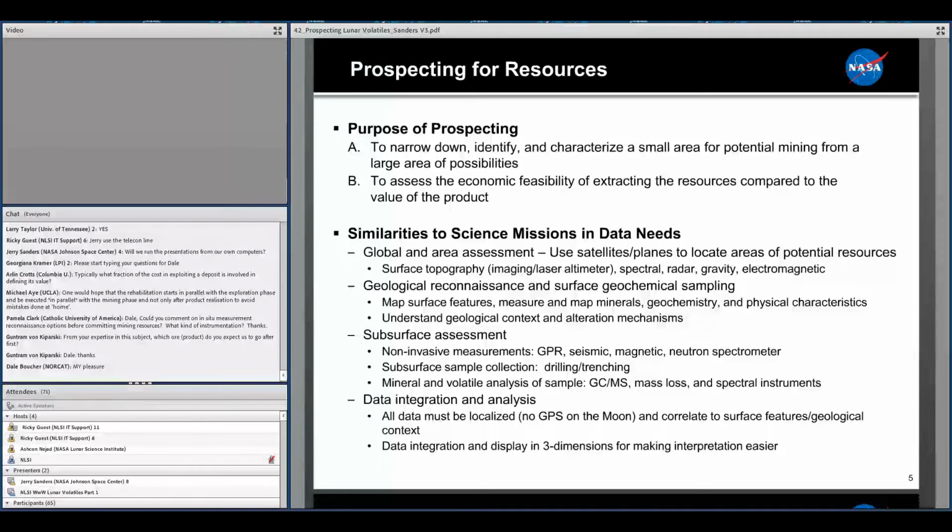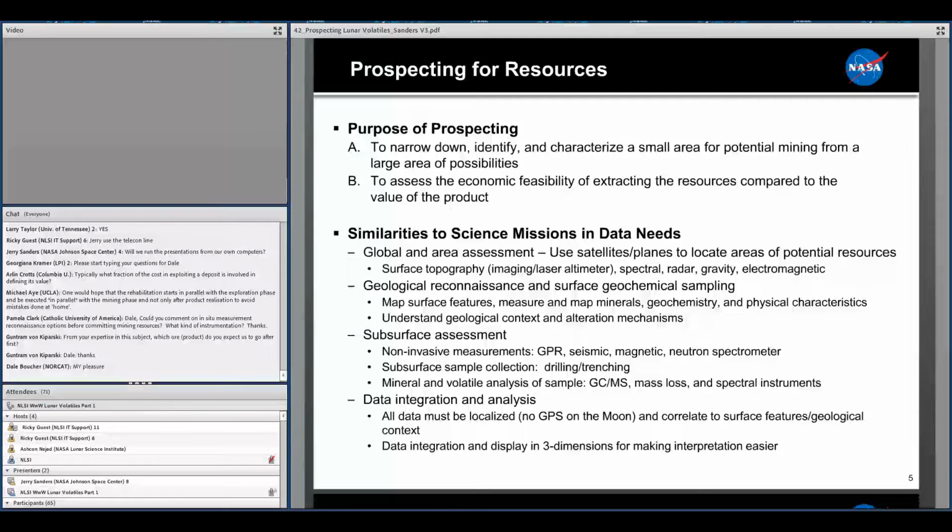You then start going towards the geological reconnaissance of the surface geochemistry. Again, type of instruments and understanding the surface features, the map, the minerals and such, geochemistry and the physical characteristics.